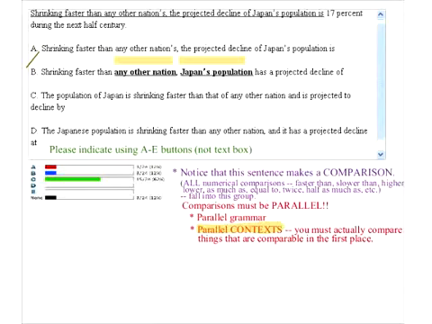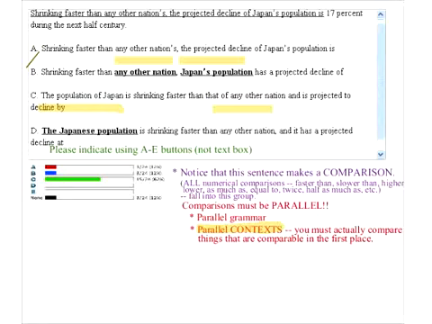Okay, also, D has the same problem. D is comparing the Japanese population, oops, wrong kind of mark. D is comparing the Japanese population to any other country. Japanese population, any other nation. It's cute, it rhymes, but it's incorrect. Because you can't compare a population to a country.